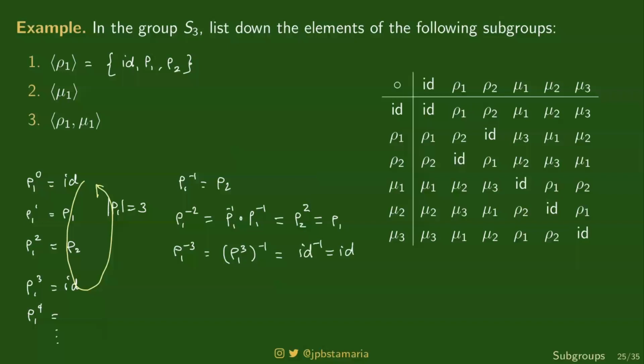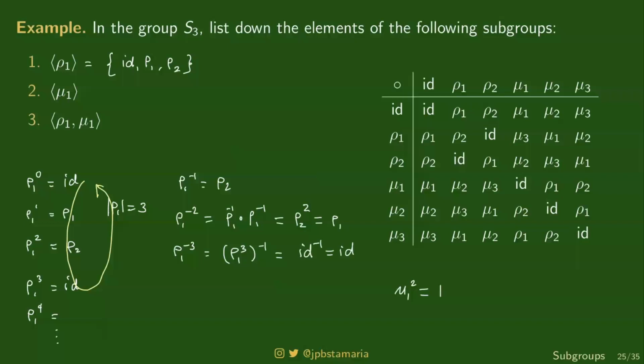How about the subgroup generated by mu1? As you can see, if I take the square of mu1, anong lalabas? Identity.